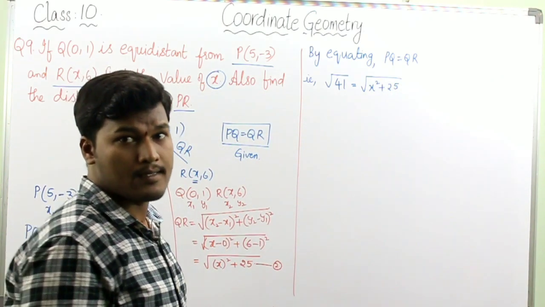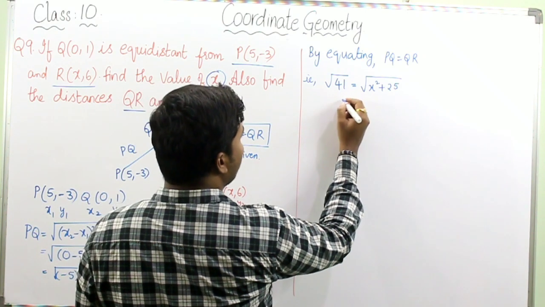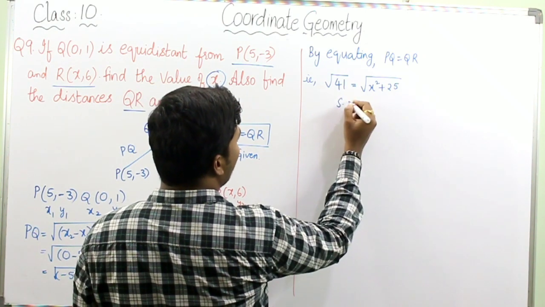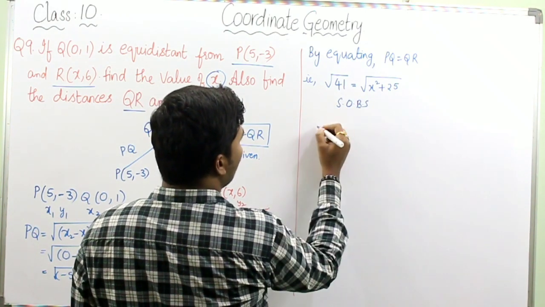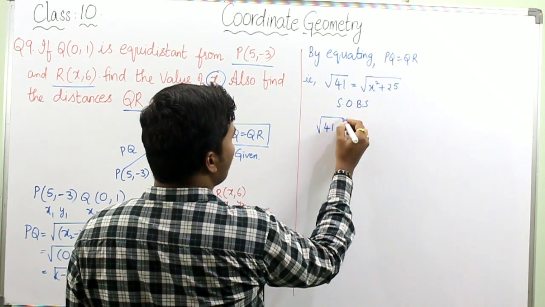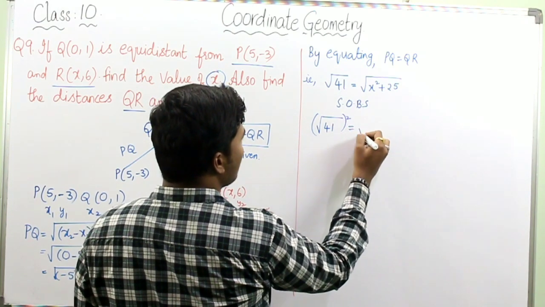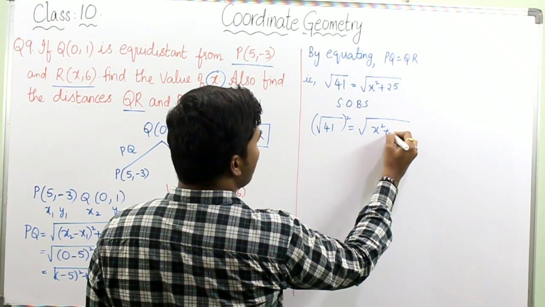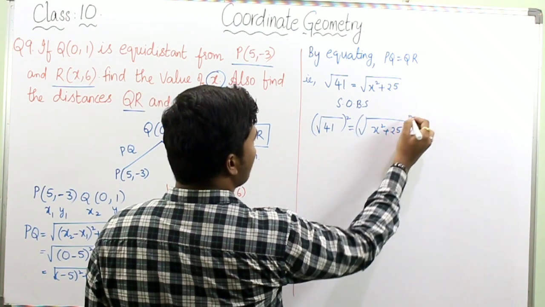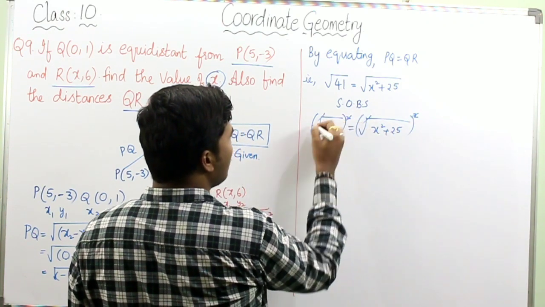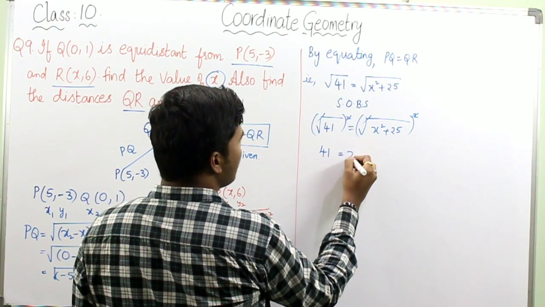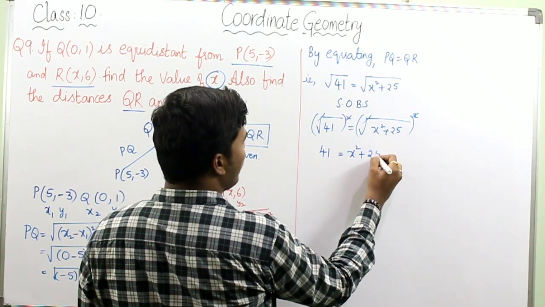Now in order to cancel this square root, let us square on both the sides. When I square it on both the sides, I will be getting 41 square is equal to x square plus 25 whole square. Now square and root get cancelled. We are left with 41 is equal to x square plus 25.